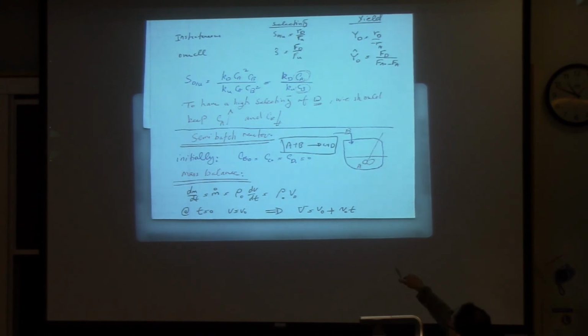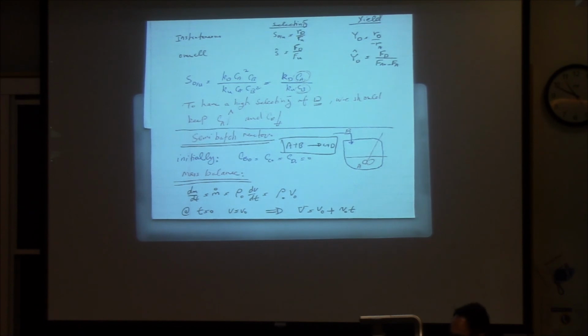I'm going to use this equation as an addition when writing the mass balance for B, but for A, C, and D, we don't have the additional transport term.